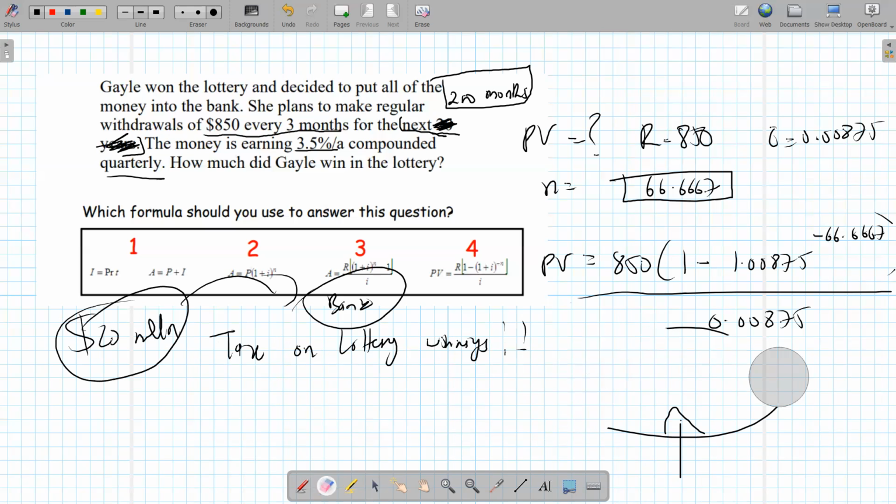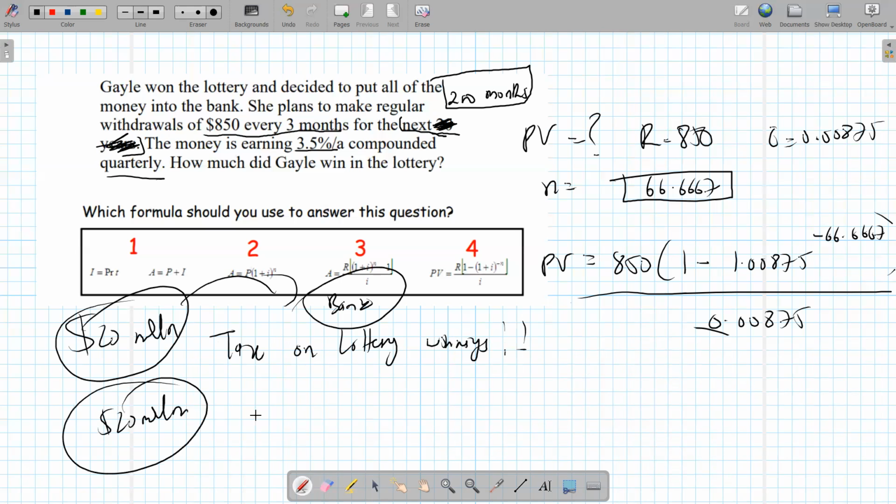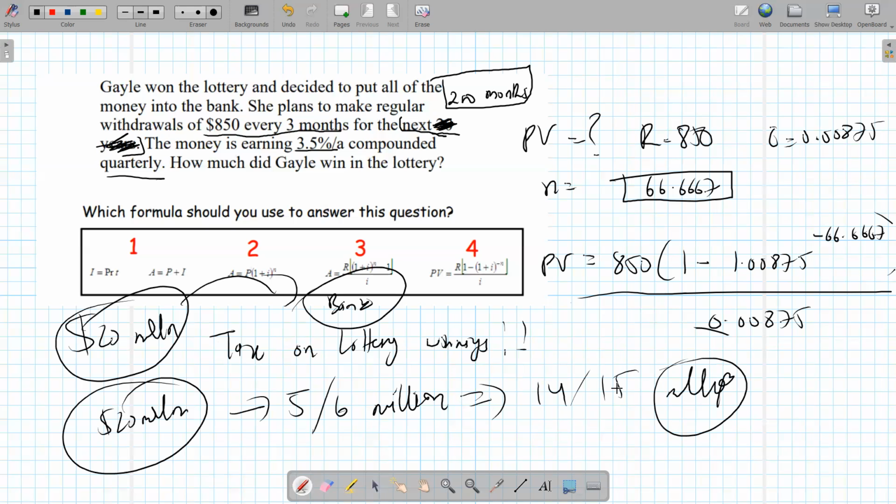But in other countries, such as the US, if you win 20 million, you'll probably pay 5-6 million, depending on the state, in taxes. And they use states instead of provinces. And then you keep whatever's left. So you have to pay the government a portion of your lottery winnings.